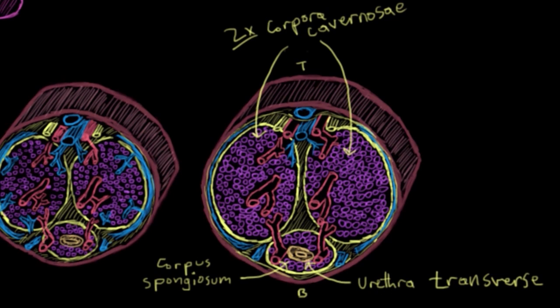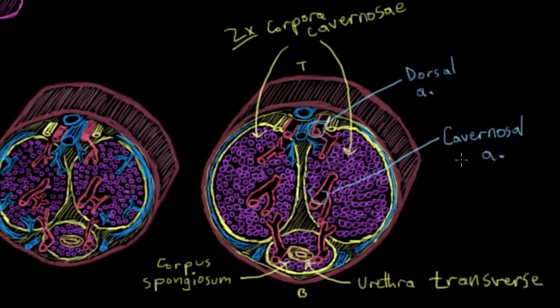So blood normally flows into these vascular chambers via both dorsal arteries and cavernosal arteries. So here's a dorsal artery, and here's a cavernosal artery here. And so when the penis is filling with blood, blood actually drains out, it leaks out of these cavernosal arteries and into these purple circles that you see called lacunar spaces.